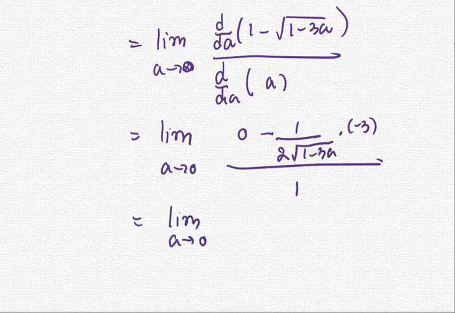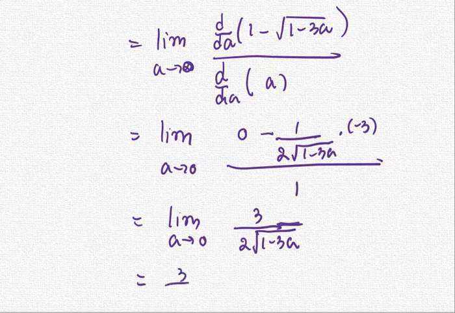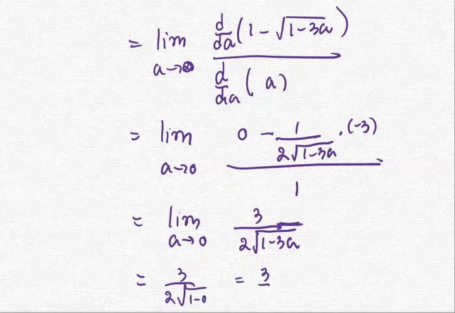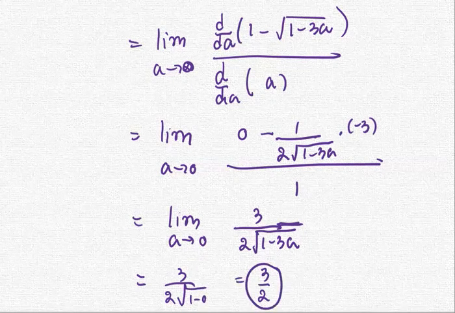Now the expression becomes 3 divided by 2 times the square root of 1 minus 3a, and take the limit as a approaches 0. Replace the value of a with 0. Since we don't have the 0 denominator case, direct substitution can be applied. We have 3 divided by 2 square root of 1 minus 0, or the answer is 3 over 2.